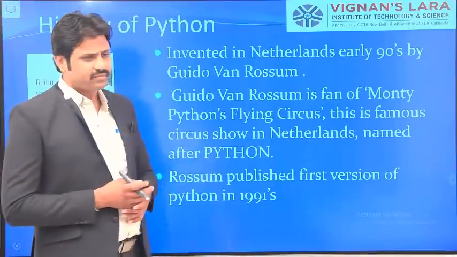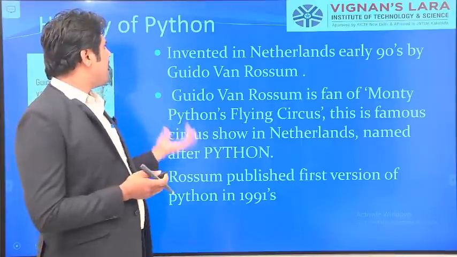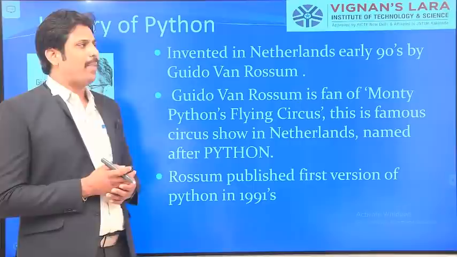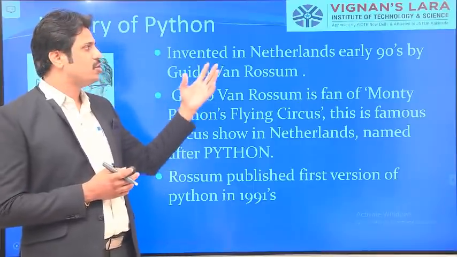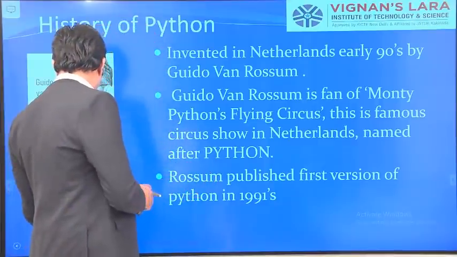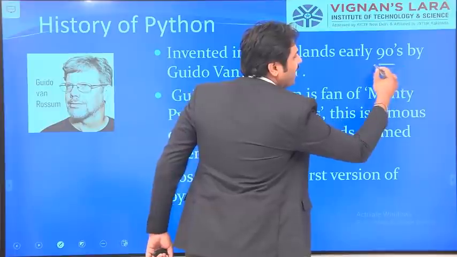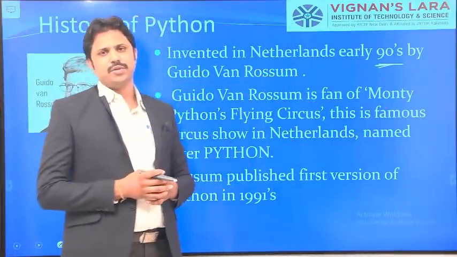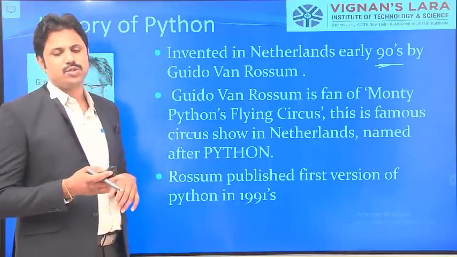Next, what is the history of Python? Let us see. Python is a language which was introduced in the 1990s. It was introduced by the Netherlands scientist Guido van Rossum.